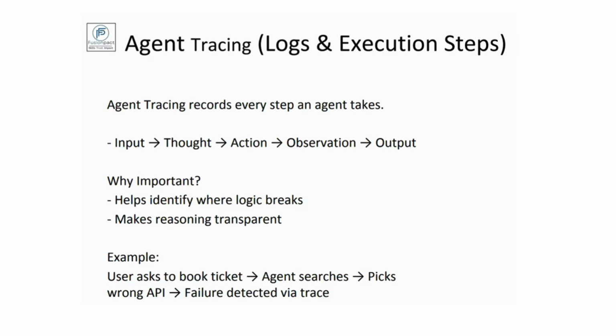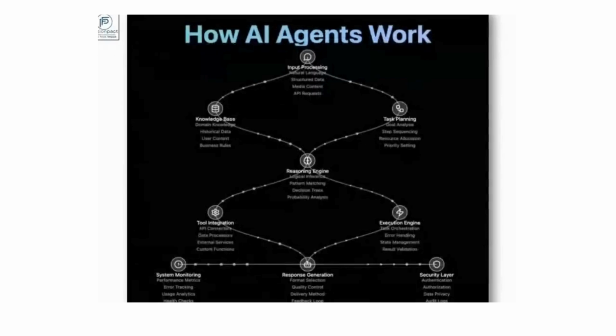For example, if you want to book tickets, the AI agent searches the vacancies, and it may pick the wrong API and fail at some point. But checking out the logs, taking its time to process, and validating again could help an AI agent learn things better and reason about the topic in a better way.